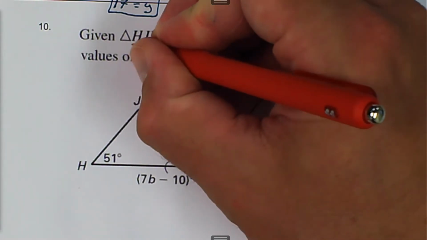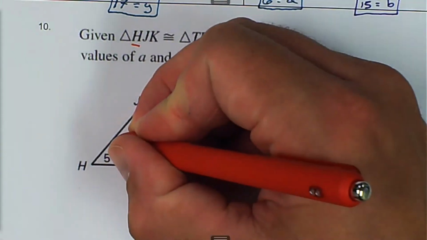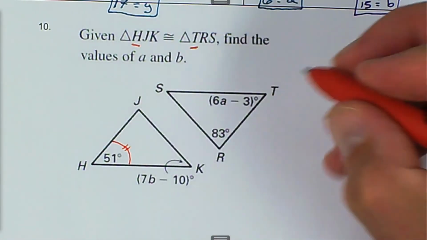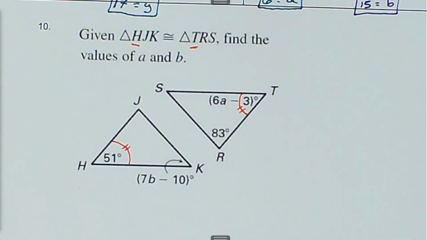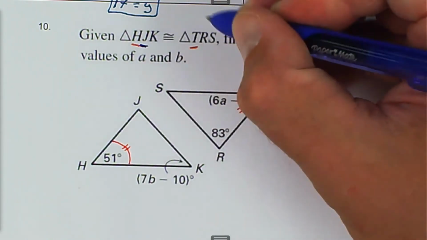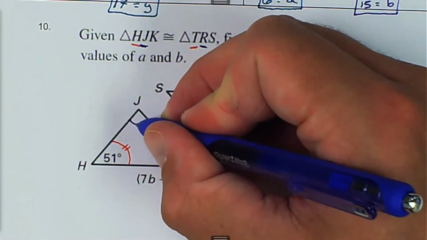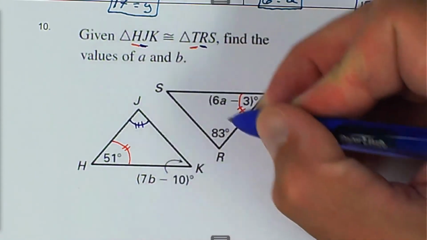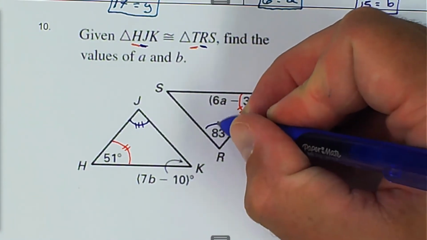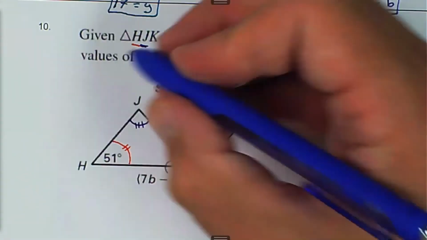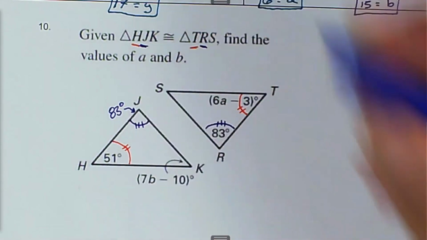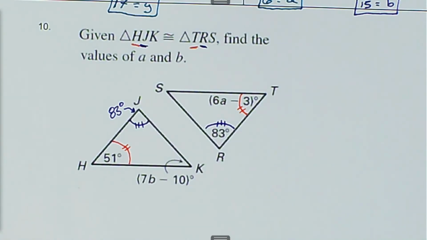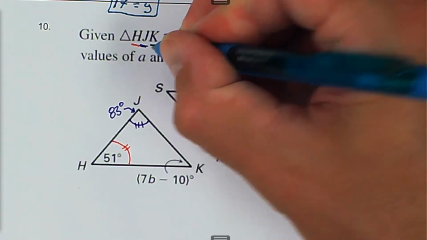So H and T. So put 2 here for H, and let's put 2 here for T, and then J and R. And if R is 83, then that also means that J has to be 83. And K and S.